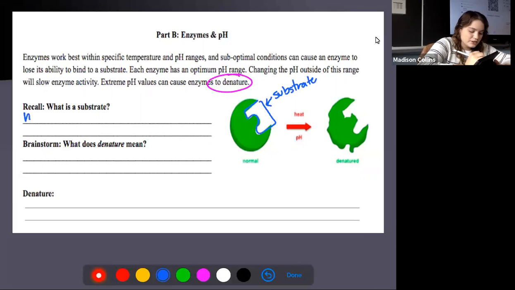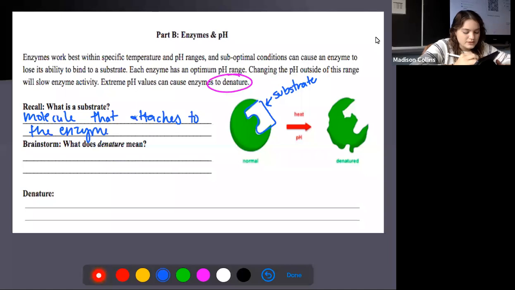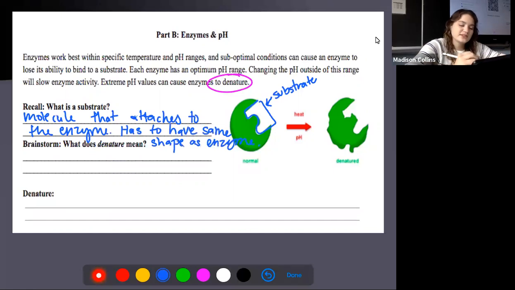And remember that they have to have the same shape. Okay, so they have to fit together like puzzle pieces in order for that reaction to occur.